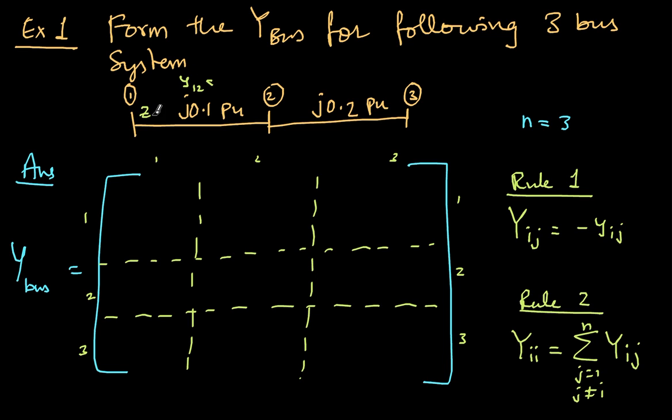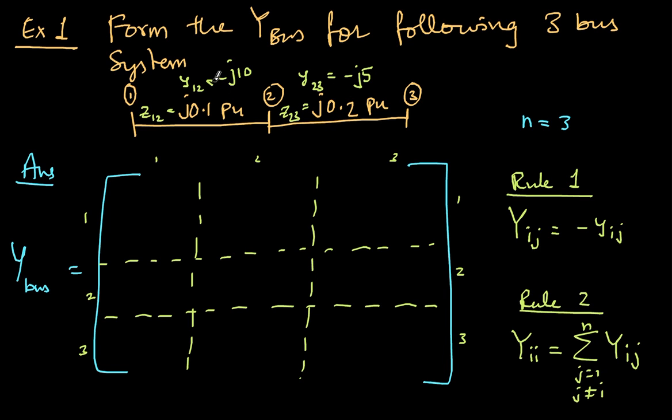This is Z12, so 1 by j0.1 will be minus j10. And for Z23, I get y23 equal to minus j5, because 1 by 0.2 is 5 and 1 by j is minus j. So here I got these values.